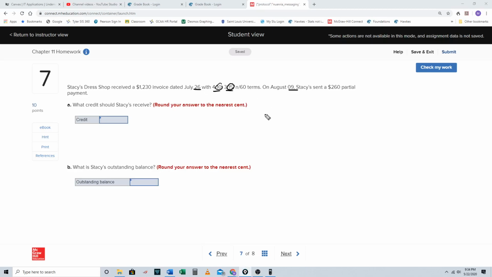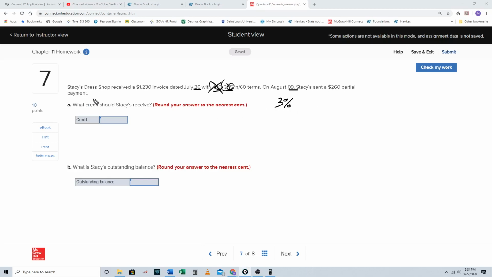July has 30 days in it, which means the 10th day would be the 6th of August, so they don't get the 4% discount. The 15th would be the 11th of August, so they do get the 3% discount.